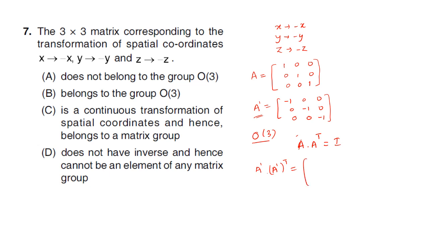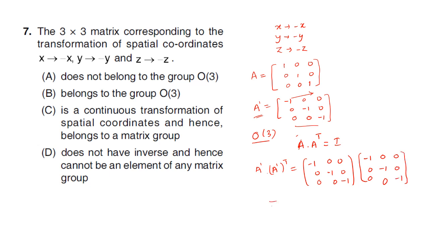A prime is minus 1 0 0, 0 minus 1 0, 0 0 minus 1. Then multiply by transpose of A prime. Transpose means rows become columns. So minus 1 0 0 becomes minus 1 0 0. Then here 0 minus 1 0, it is 0 minus 1 0. Then the third row is 0 0 minus 1.